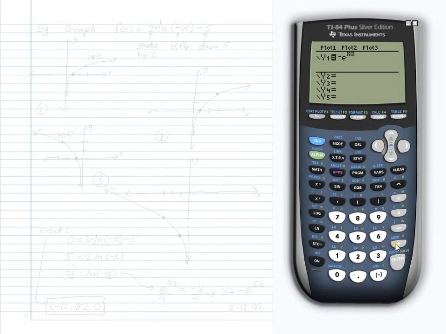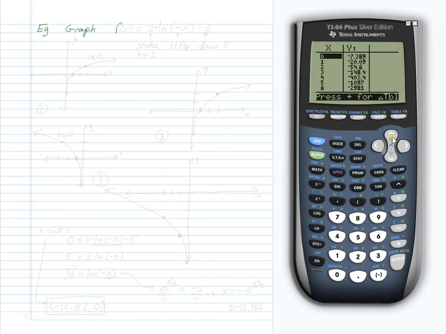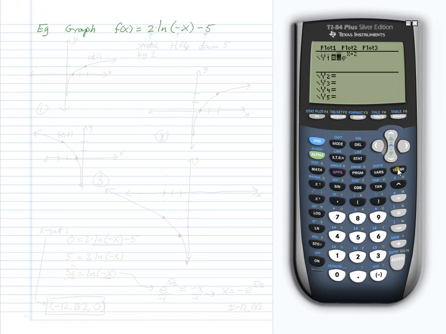We can do something similar by graphing the transformation of a natural log function. Now this one has quite a bit going on.